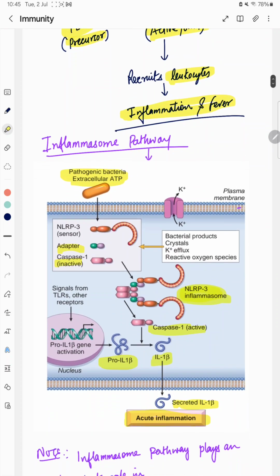So now we will see the inflammasome pathway briefly. This is an image from Robbins that beautifully illustrates the inflammasome pathway.